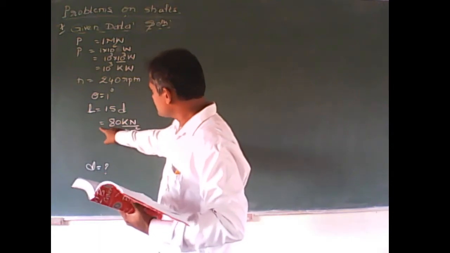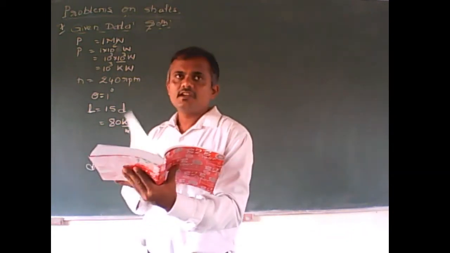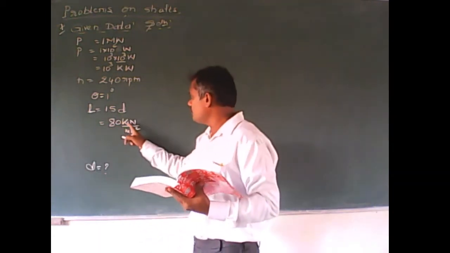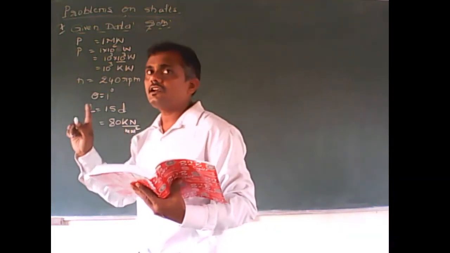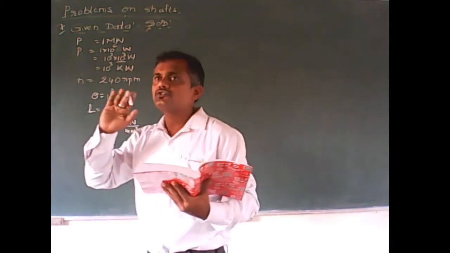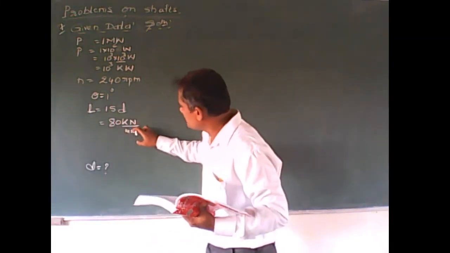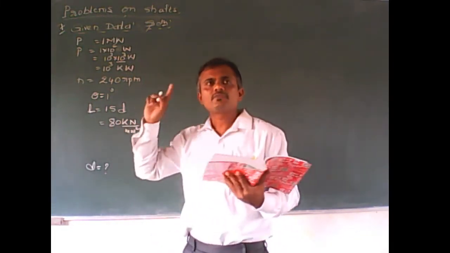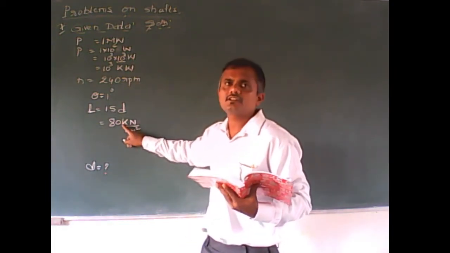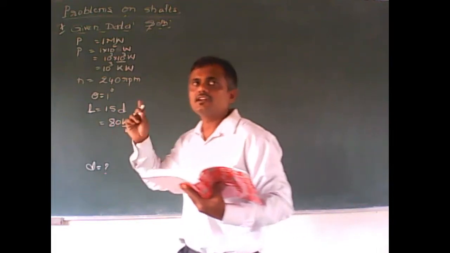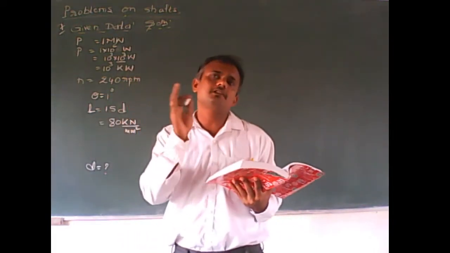Let us discuss this. 80 times 10 raised to 3 kilo Newton per mm square is there. Make a note here: we should not consider kilo. Why? Newton per mm square is equal to mega Newton per meter square, right? So I don't want to take this kilo; I will consider the unit which is given in the data book.